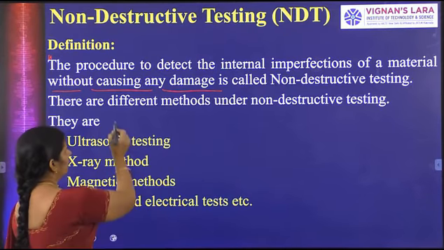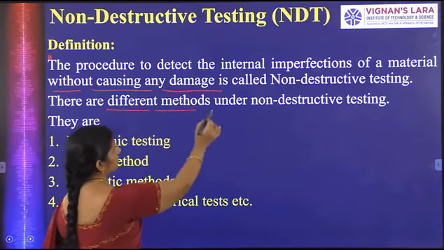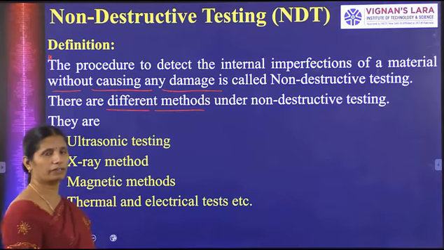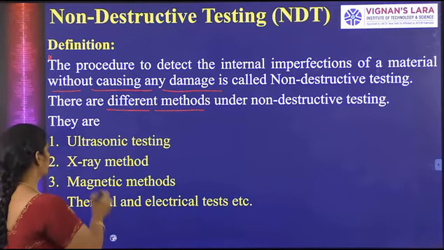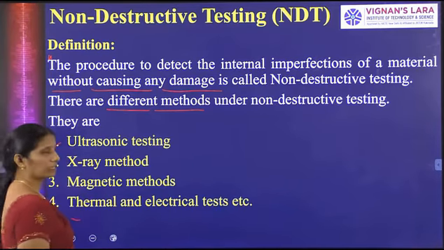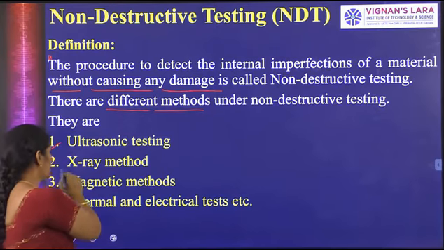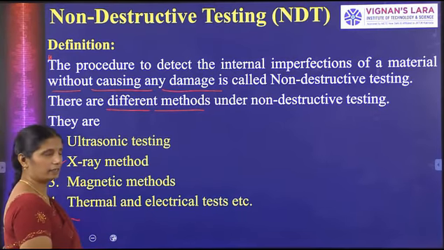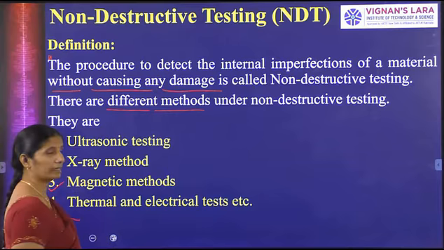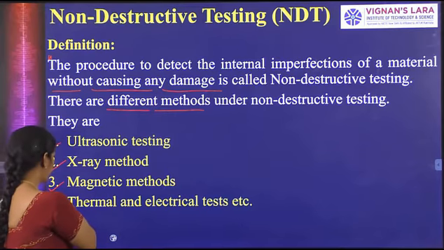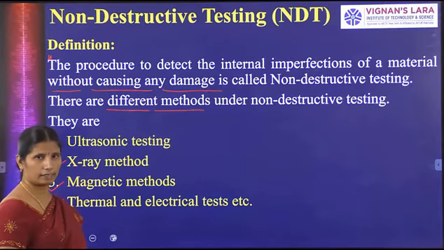In non-destructive testing there are also different methods. The first one is ultrasonic testing, the second is the X-ray method, the third is magnetic methods, and the fourth is thermal and electrical tests.